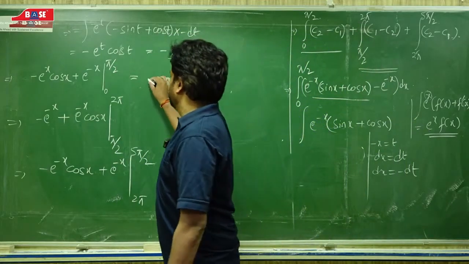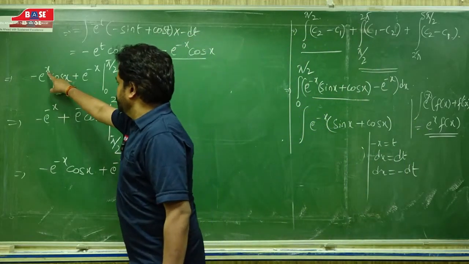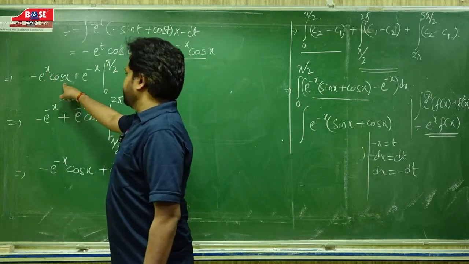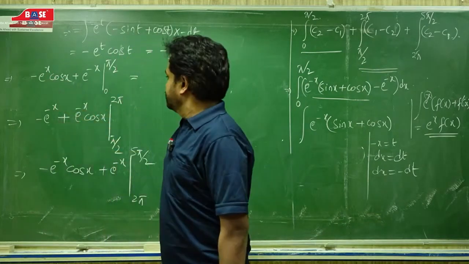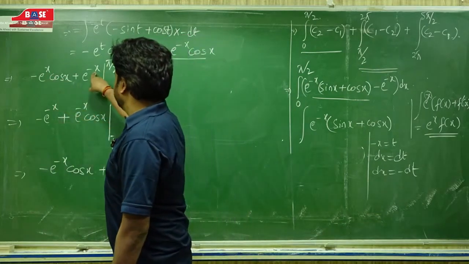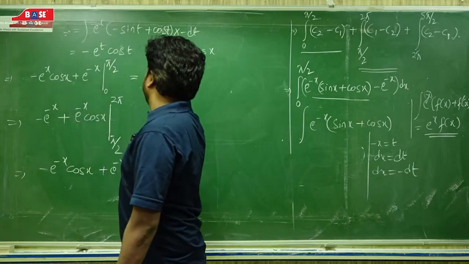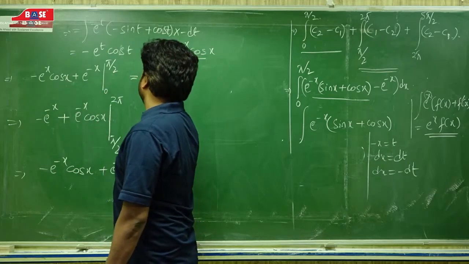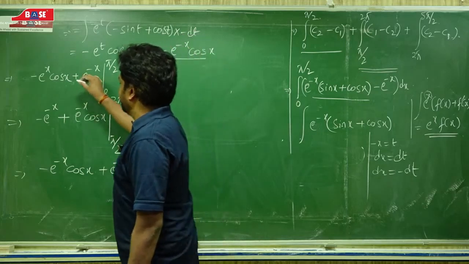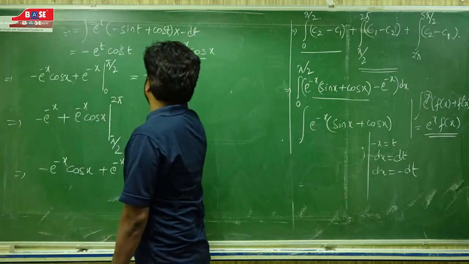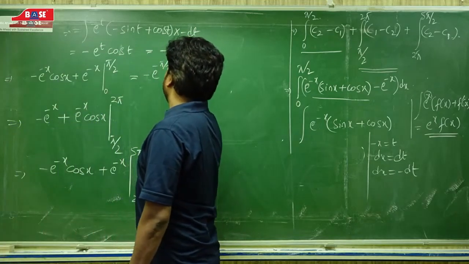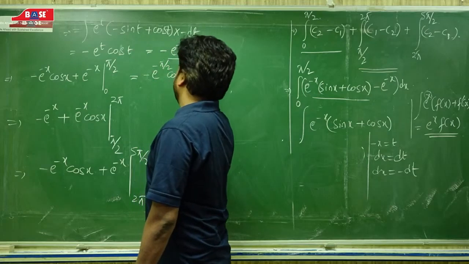So we'll get pi by 2, okay, and this will become pi by 2, that will give us 0, right? So what are we left with finally? And this will be e power minus 2, correct? So we are going to get e power minus x, it is minus pi by 2, that will give us cos pi by 2, okay, minus what?